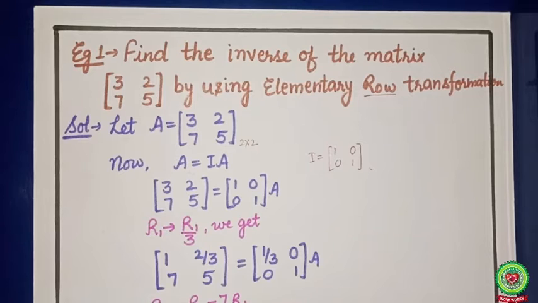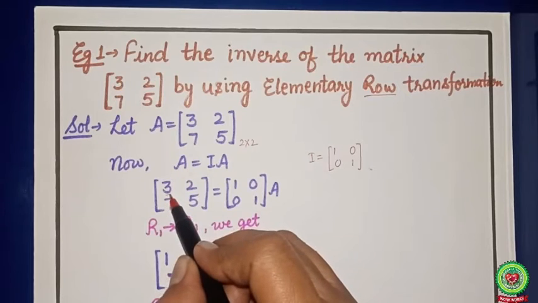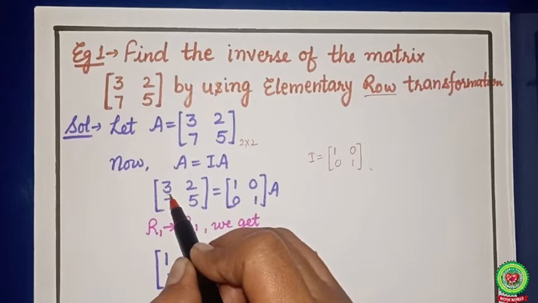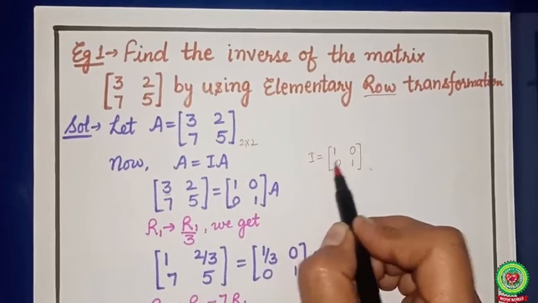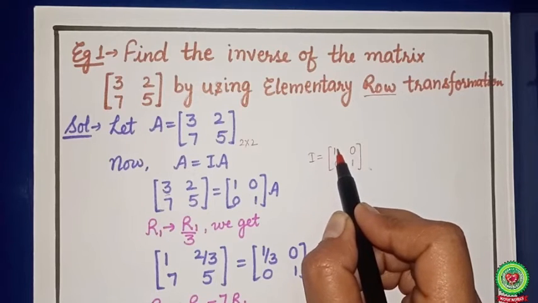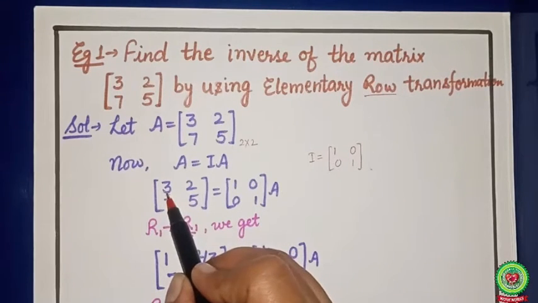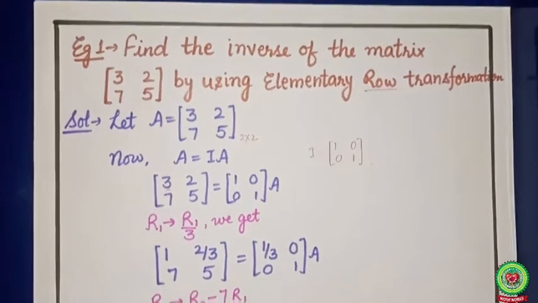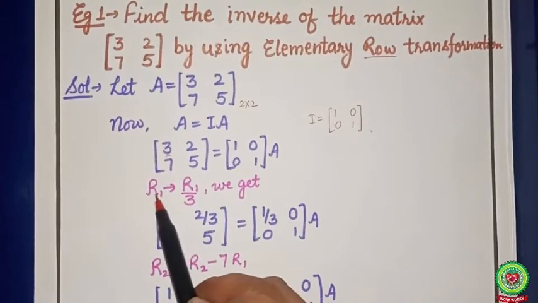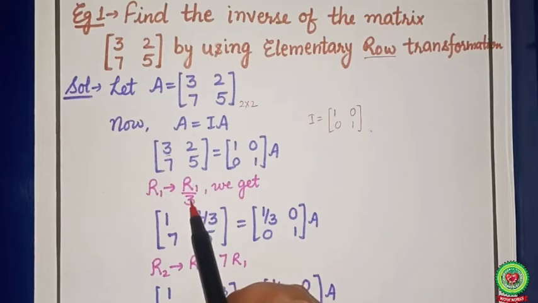Now we will apply row transformation to convert the left hand side into the identity matrix. Now look here, first element is 3 and we want to convert it into the I matrix, so first element should be 1. So we apply the operation R1 changes to R1 by 3.